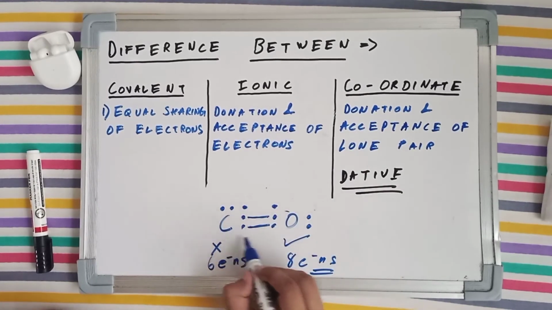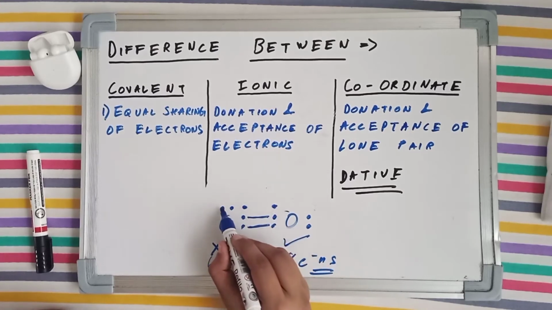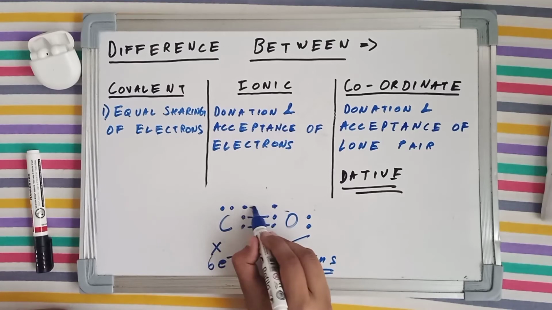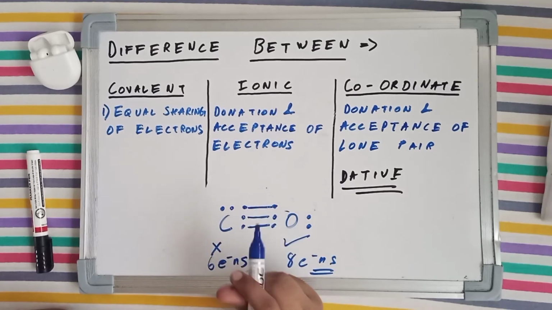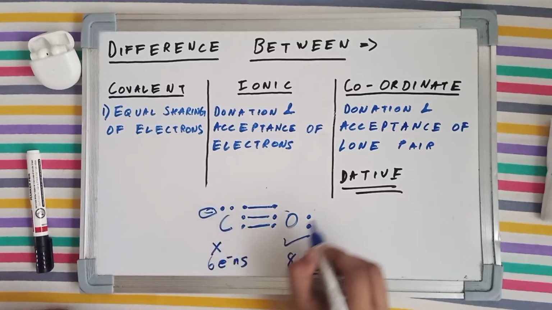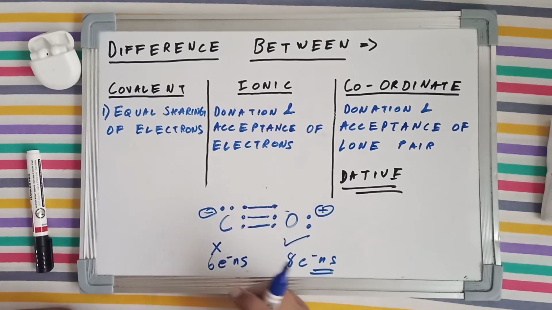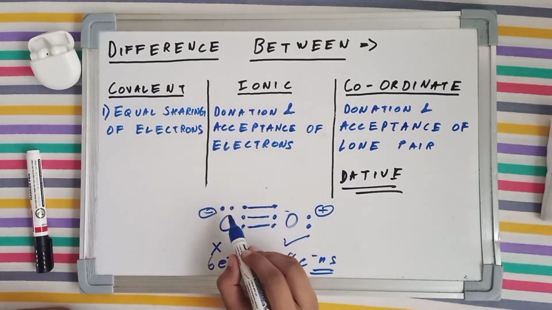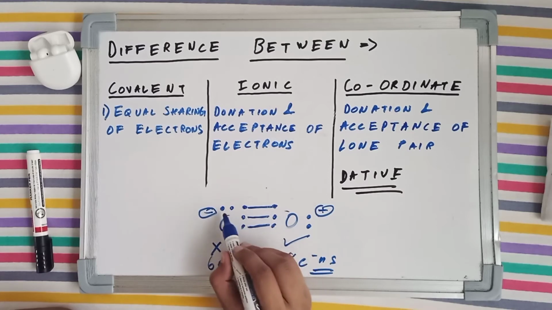Now let's count the number of electrons for carbon. 1, 2, 3, 4, 5, 6, 7, 8. We can replace it by a single bond, but we have to give negative and positive charges to oxygen and carbon. So now carbon has completed its octet.